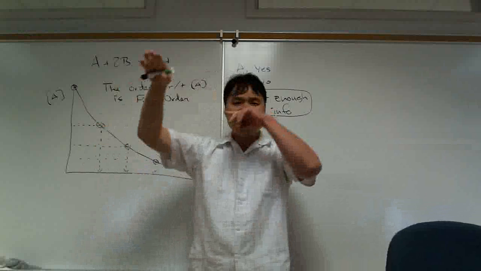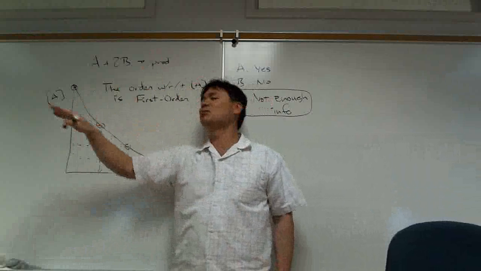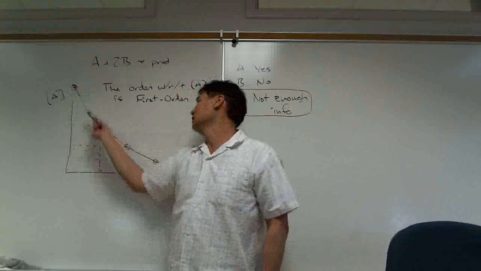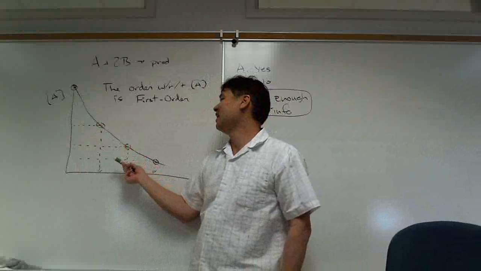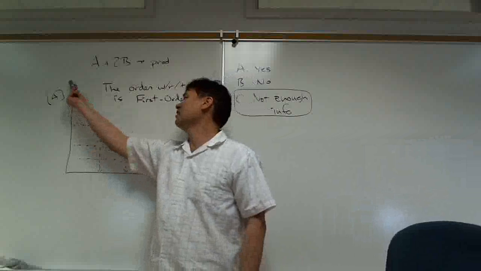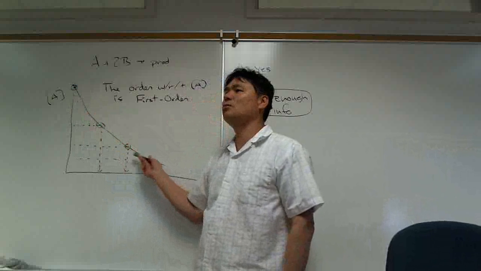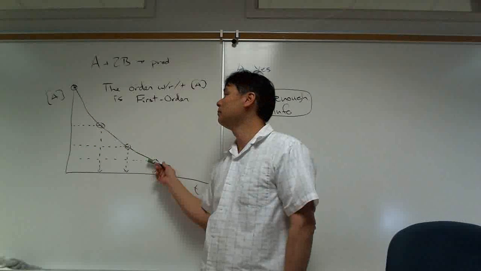And so as A is decreasing, normally at first order, A gets cut in half, the rate of the reaction gets cut in half. A gets cut again, and the rate of reaction gets cut again. And so here we'd have the initial rate of reaction. This would be 1/2 the initial rate, 1/4 the initial, 1/8 the initial rate of reaction as we're proceeding.